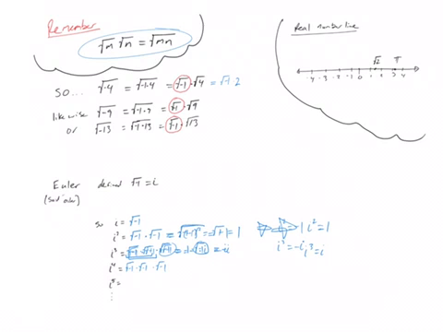And then i to the fourth is negative 1 times negative 1, which is just 1. So i to the fourth is equal to 1. Then actually, it just starts repeating again. This one is going to be i, and then negative 1, and then negative i, and then 1, etc., as it keeps going on down.